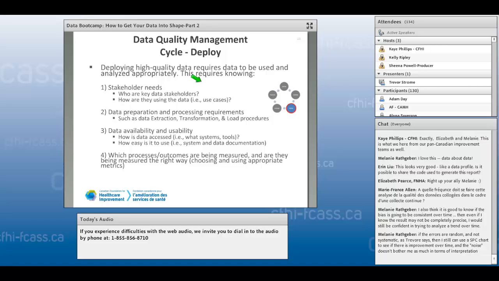And then looking at the data availability and usability. So how is the data accessed? What systems and tools are we using? Are we forcing people to write queries directly to source systems and pulling the information out that way, or do we have a more robust system in place where data is already pre-processed, validated, and much less prone to error?